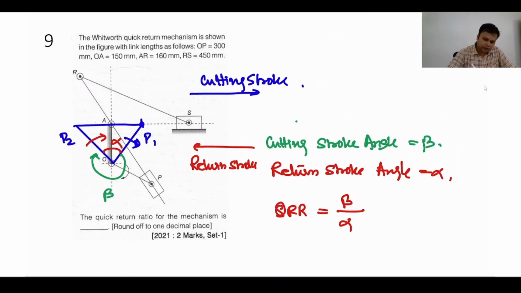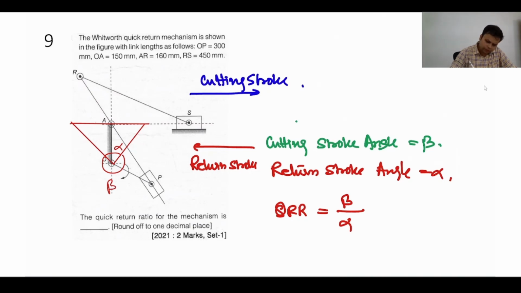Now some of the values are given. You can see what values are given. This distance OA is given. We may declutter it a little bit. So this angle is alpha, this angle is beta. Okay.